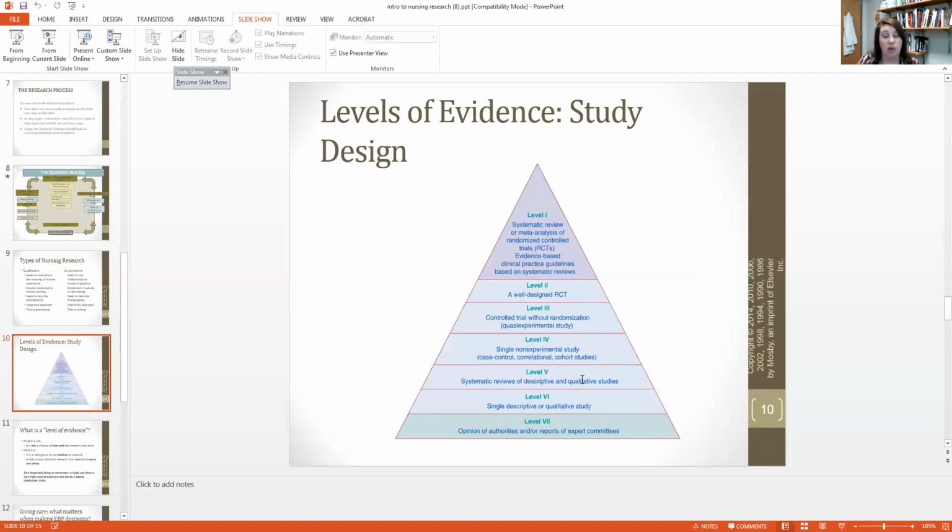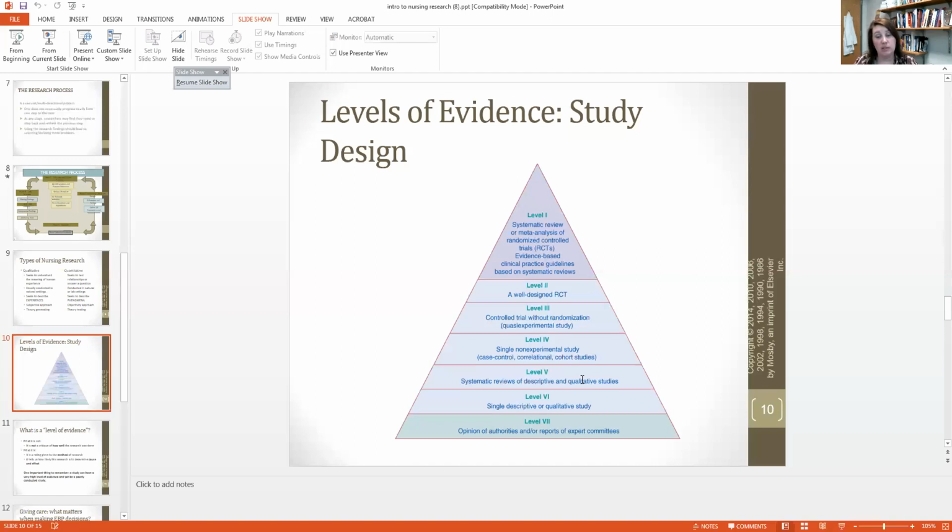So, for example, I myself could write probably an opinion article at level 7 based on the knowledge that I have as a clinical expert in neonatal intensive care, but that would not be the same as level 1, where there have been very systematic experiments conducted and then analyzed and so on. So again, all levels have their own validity and their uses, and we just need to decide, as we're looking at research articles, which level of evidence your research article is.